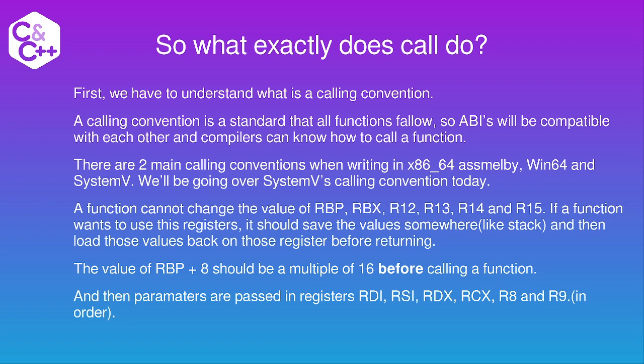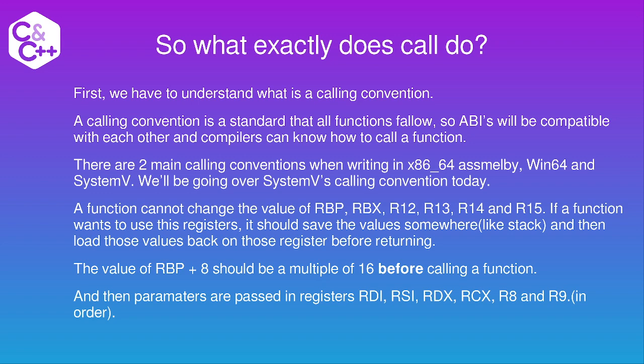So there are two main calling conventions in x86-64 assembly: Win64 and System-V AMD. Since I will be going over Linux assembly programming, and Linux uses the System-V calling convention, I'll be going over that. A function cannot change the value of RBP, RBX, R12, R13, R14, and R15.